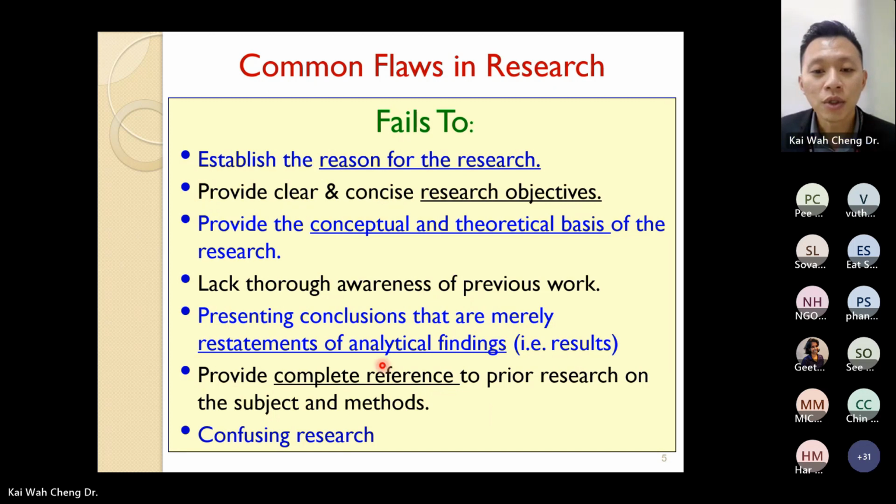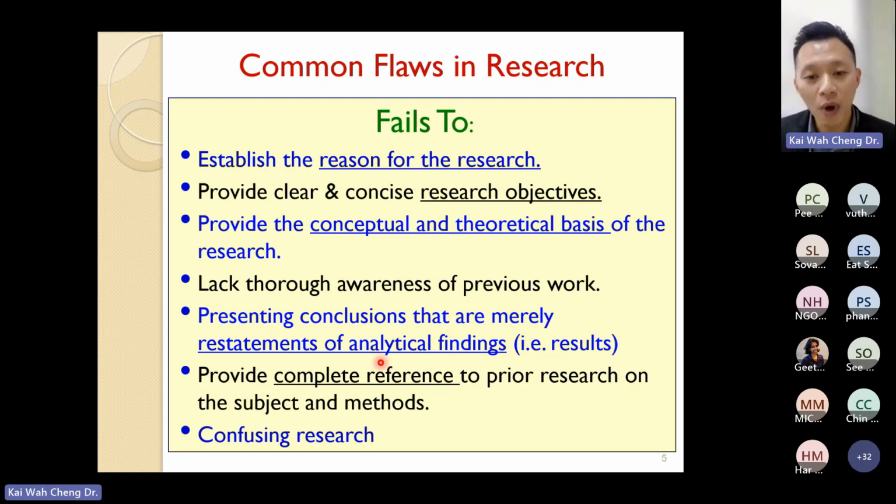And you need to learn how to conclude your research, and you should be able to compare your current research output with the previous research outputs. Are they in line with each other, or is the result contrary to the previous result?